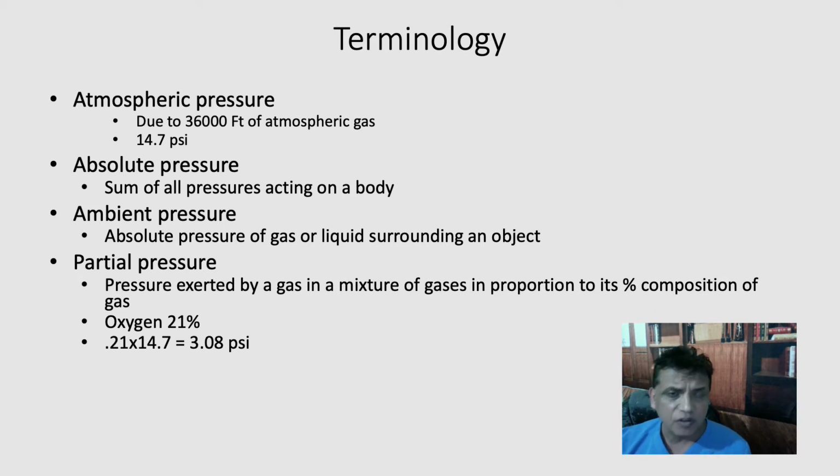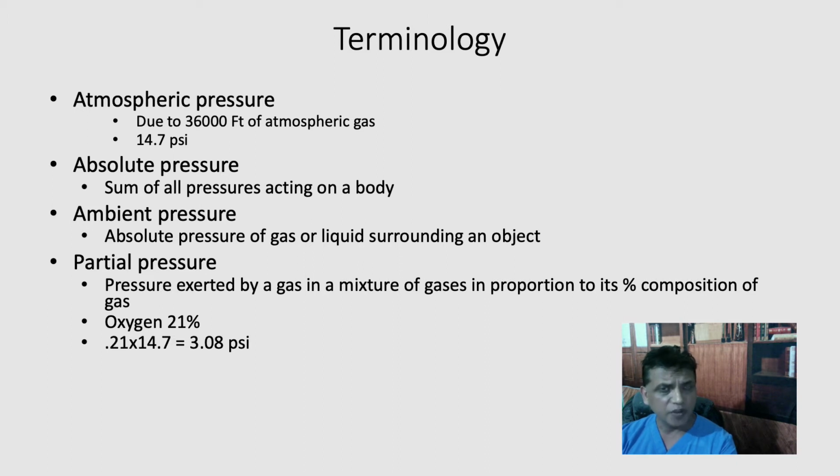Some of the other terminologies that one should be familiar with is absolute pressure, which is the sum of all the pressures acting on the body; ambient pressure, which is the absolute pressure of gas or liquid surrounding an object; and lastly, partial pressure. Partial pressure is the pressure exerted by a gas in a mixture of gases, which is proportional to its percentage composition of the gases.